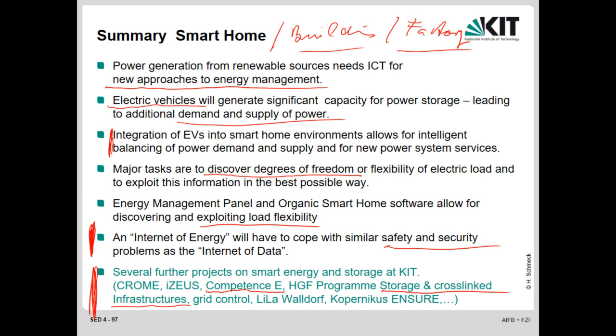We have the project Grid Control, Living Lab Waldorf. There's the Copernicus project. Ensure, it's about, I don't know the acronym exactly. It is a very large project on new grid technologies, which currently is being applied for, but the preliminary selection has been done, and it will be a large project under the lead of KIT.